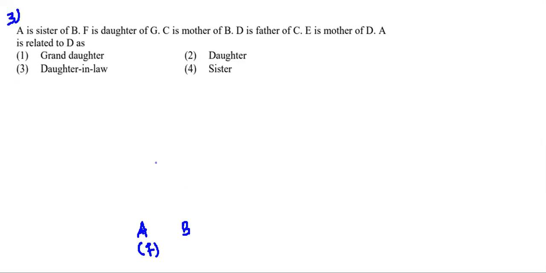And what next is given? Our second statement is F is the daughter of G. So we have two new people, and we have no idea which generation they are from. So let's have them separately. F is the daughter of G. That means G must be from the previous generation, and F is the next generation, right?